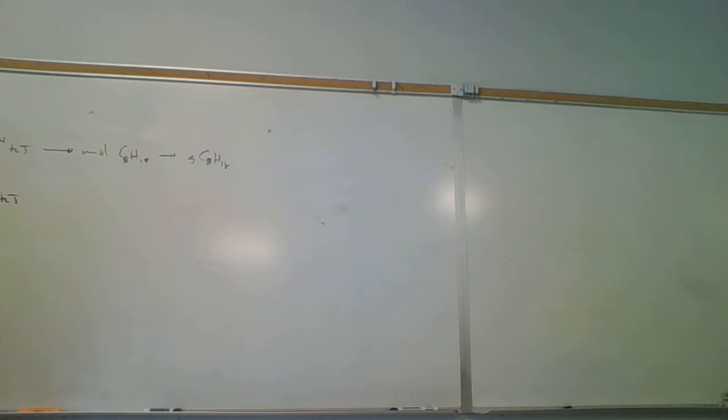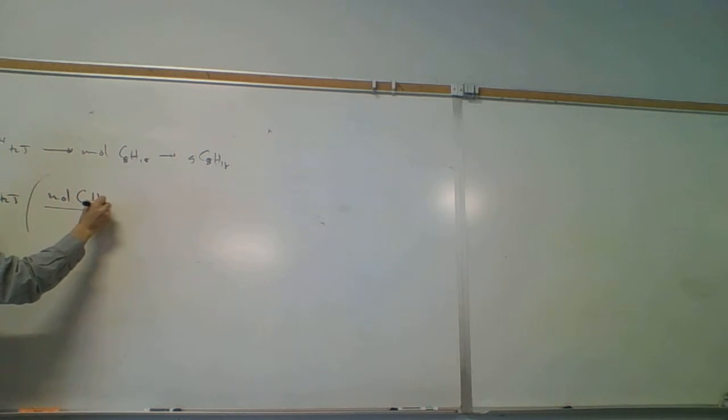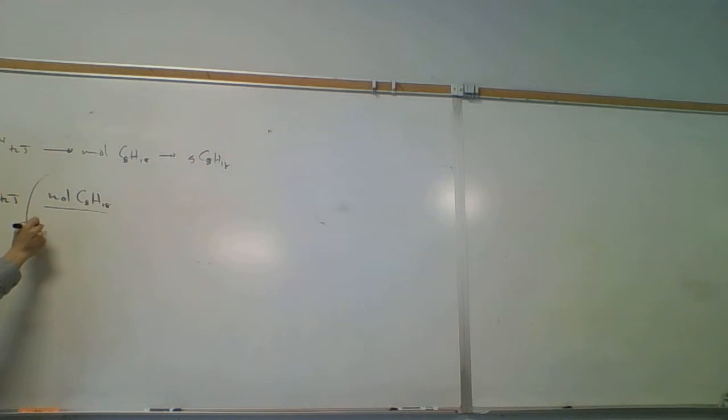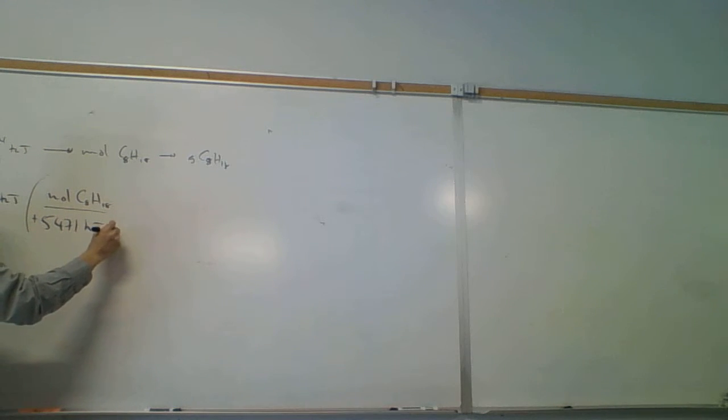How much octane has to burn? Well, this is what we're going to do. For every mole of octane that's burned, we are going to produce 5,471 kilojoules of energy. So it's going to be positive 5,471 kilojoules of energy produced.